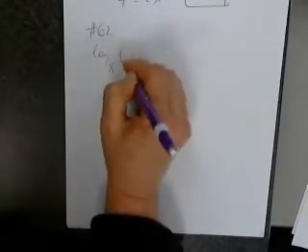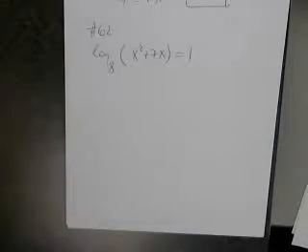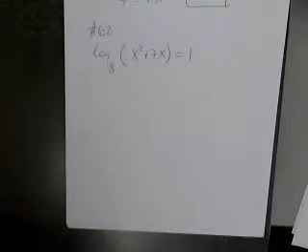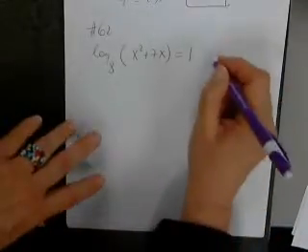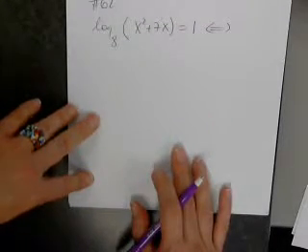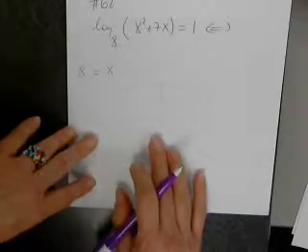Log base 8 of x squared plus 7x equals 1. This is equivalent to 8 equals x squared plus 7x.